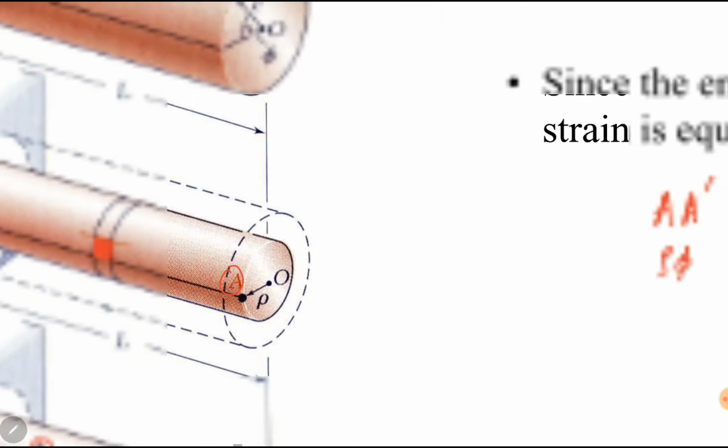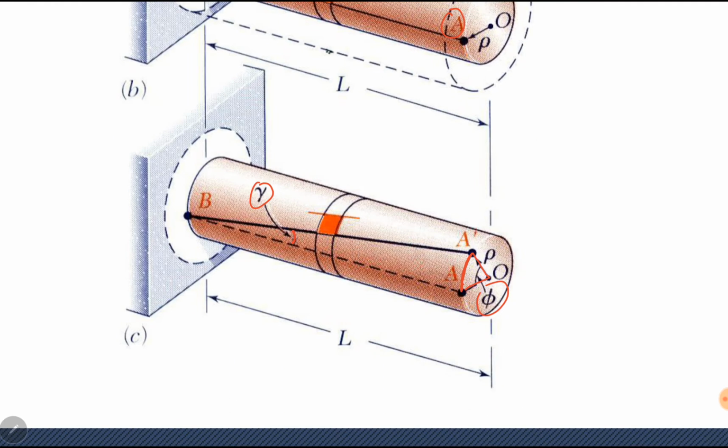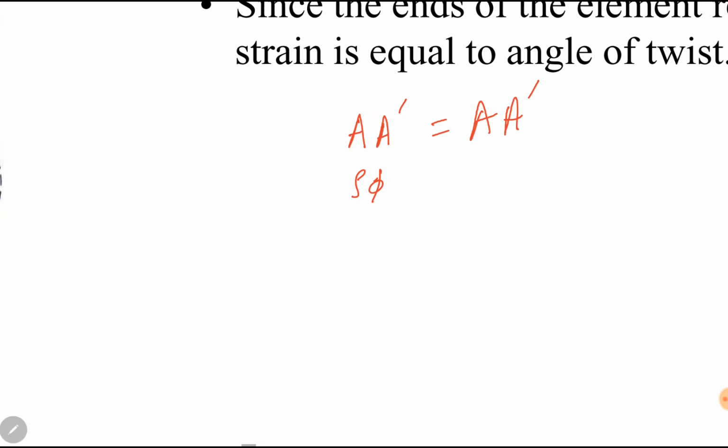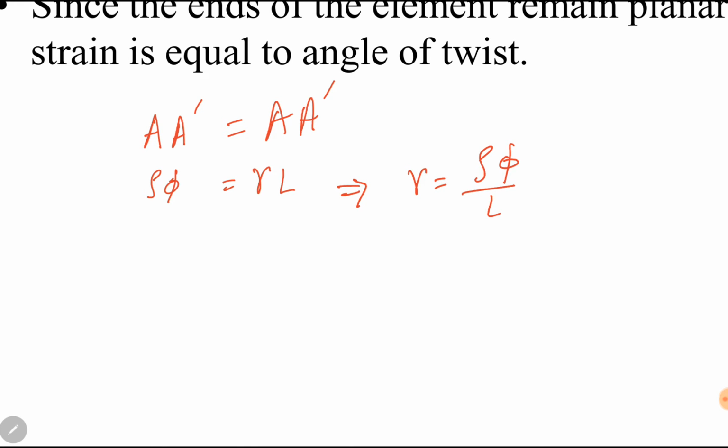While from the other triangle, which is along the length of the shaft, it is equal to gamma L. AA dash is equal to gamma L in this triangle. If we simplify it, gamma will be equal to rho phi over L.